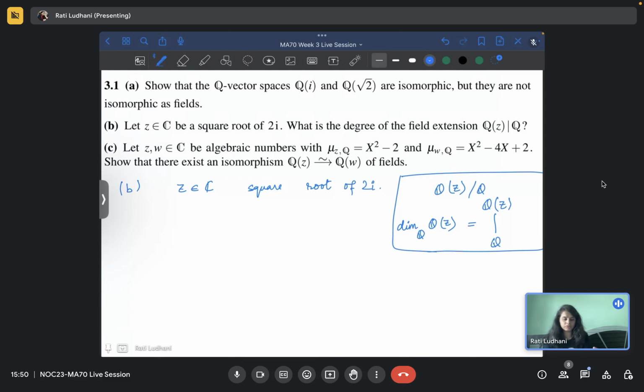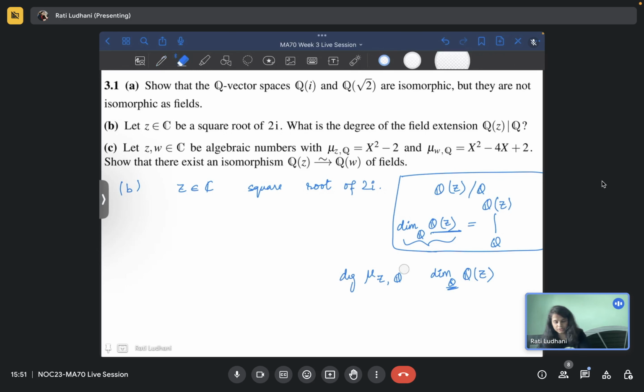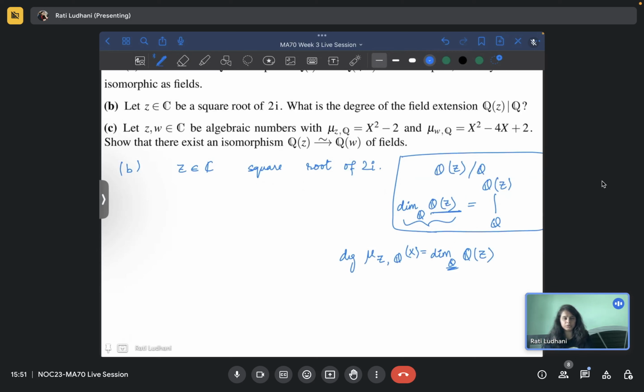When we talk about the dimension of Q(z), you have seen that the dimension is the same as the degree of the minimal polynomial of z over Q, because we are talking about dimension over Q. So if we can find the minimal polynomial of z over Q, we will get the degree and we will get the dimension. That's the plan.